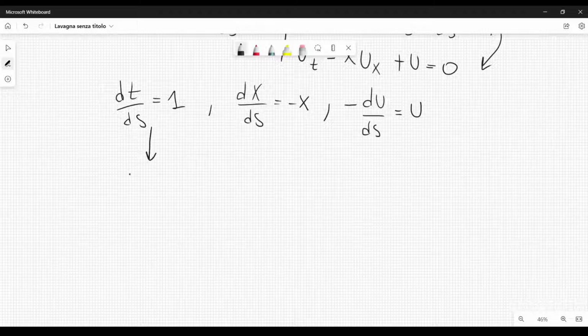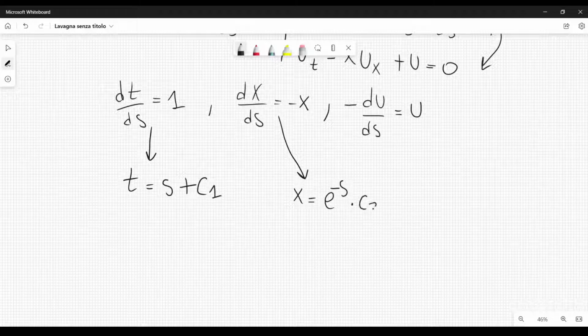If we solve this one, we have t equal to s plus some constant that I will call c1. If we solve this one, which is a very easy differential equation, we get x equal to e to the minus s times some constant that I will call c2. Whereas if we solve this one, we get u equal to e to the minus s times c3.